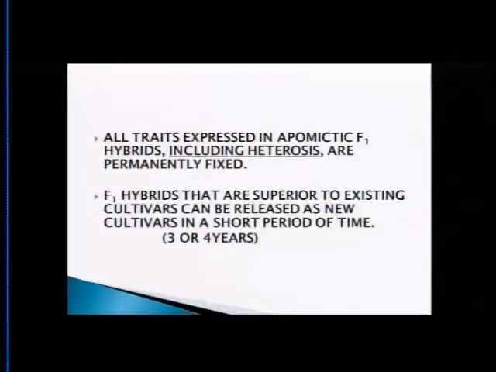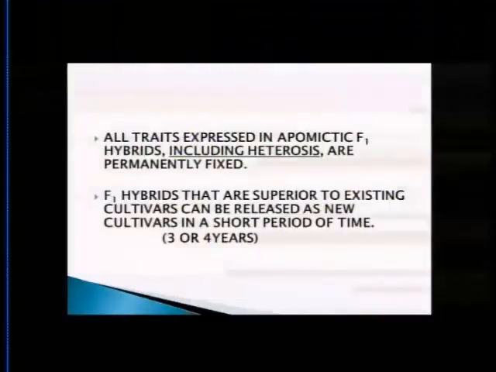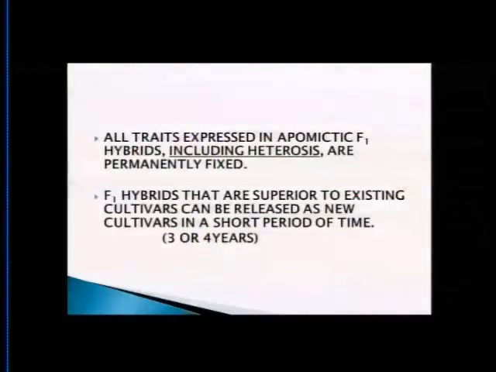And usually the sexuals are going to be weaker and they'll be lost anyhow. And if the F1 hybrids are superior to the existing cultivars, these apomictic hybrids can be released as a new cultivar in a short period of time, and I'll go into that when I talk a little bit about the breeding scheme.